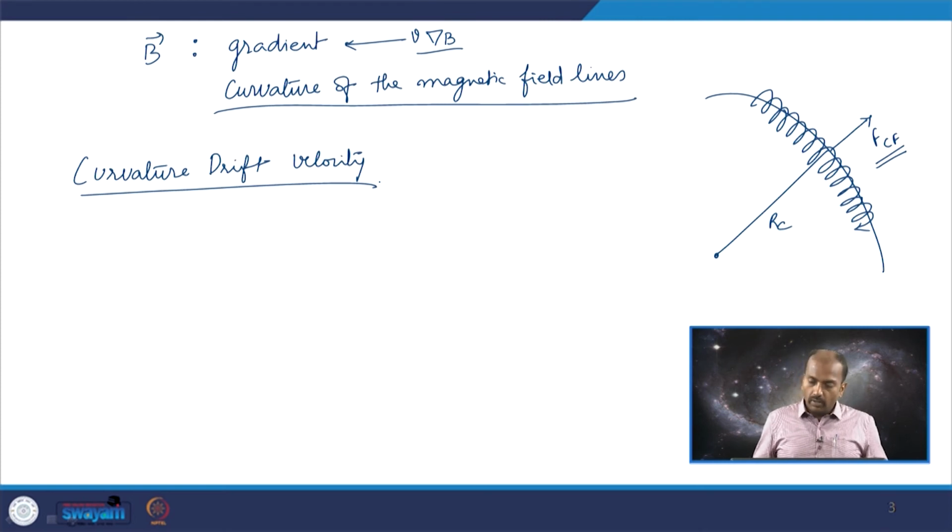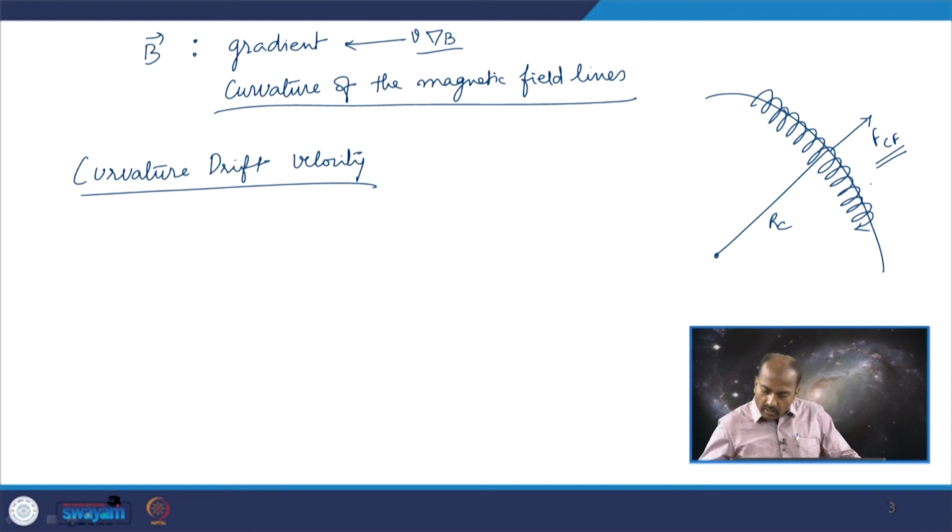That means any realistic magnetic field will always be inhomogeneous and its magnetic field lines will always be curved, right. If the magnetic field is stretched over a very long distance, then it may be possible that the magnetic field lines are parallel over a certain spatial distance, but otherwise the magnetic field lines are curved. If the magnetic field lines are curved, it will give what is called the curvature drift velocity.